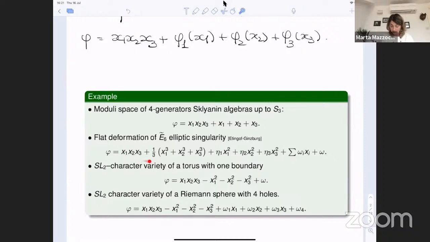You recognize here the Hesse cubic, and then some deformation of it, where the eta and omegas are some constants. Specifically, we have the SL2 character variety of a torus with one boundary, and the character variety of a Riemann sphere with 4 holes. So they appear in many, many ways.